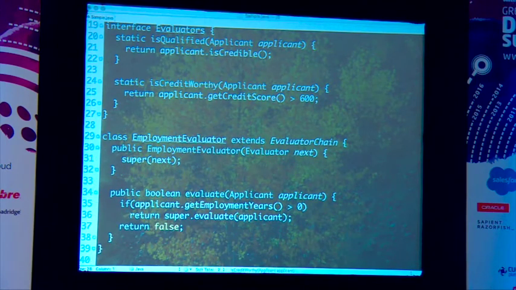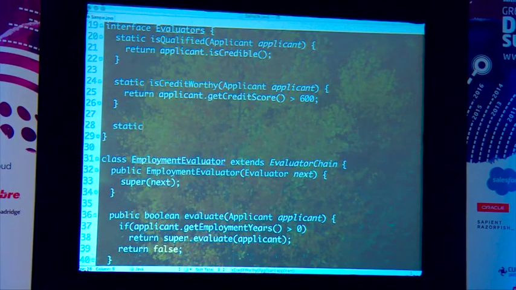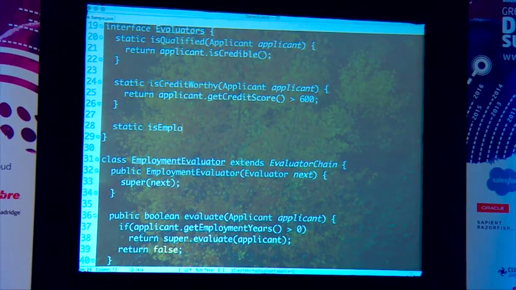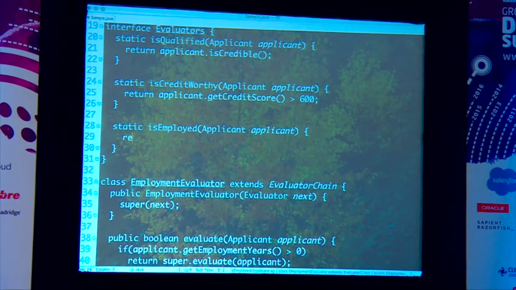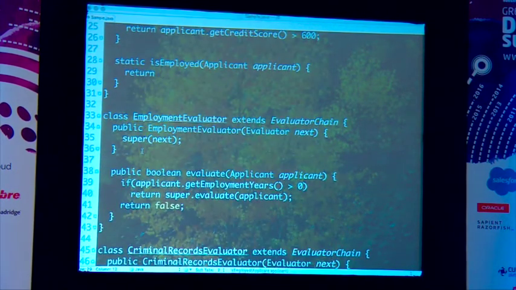What does this do? Employment. Static is employment. Let's call it isEmployed, or has been employed, right? Again, an applicant. And what does this do? Return applicant.getEmploymentYears is greater than 0.